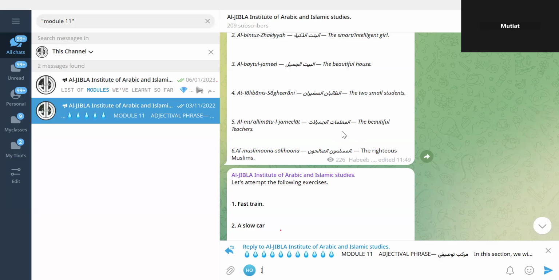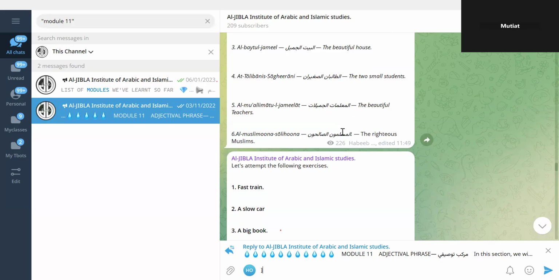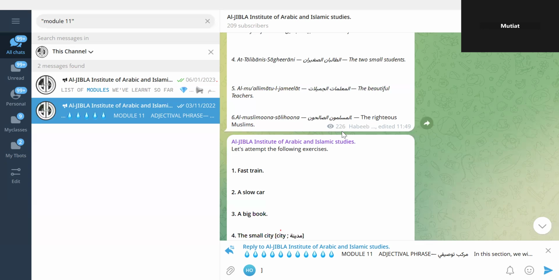Or you join it together by saying المعلمات الجميلات. Then المسلمون الصالحون, the righteous Muslims. Al-muslimuna as-salihuna. So now this is the way the adjective works.